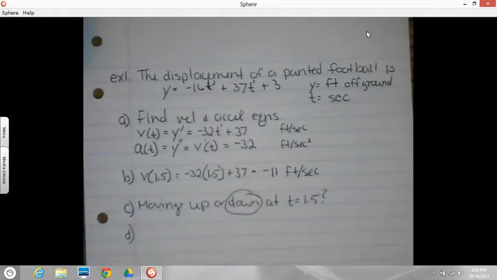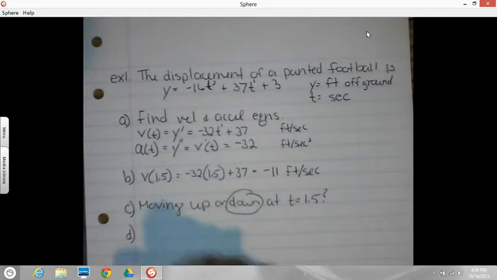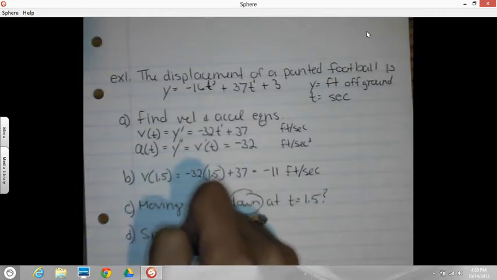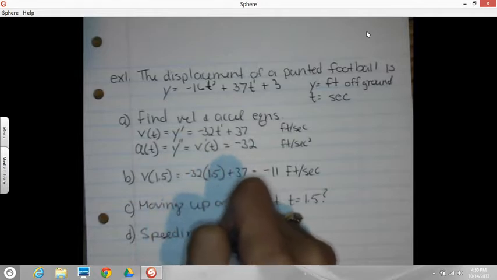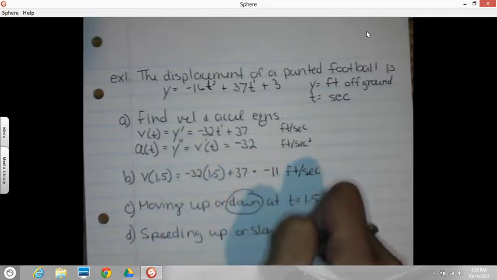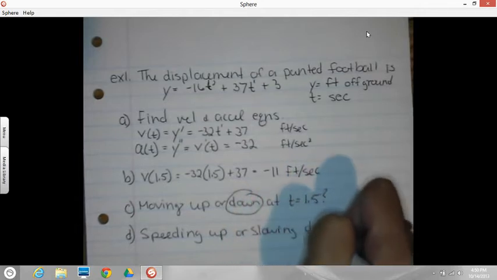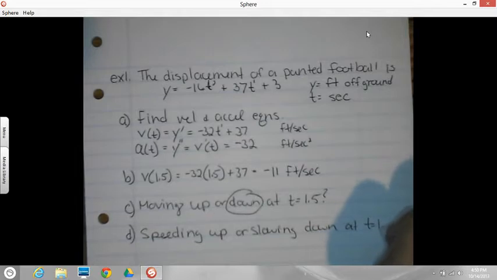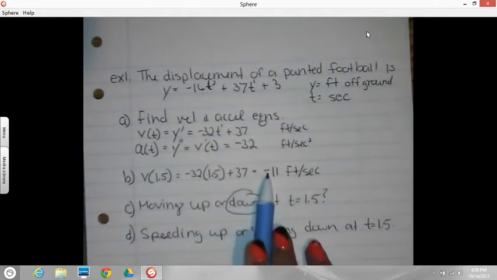Now, is the ball speeding up or slowing down at 1.5? Now remember, this negative here doesn't tell you it's slowing down, it tells you the direction, that it's coming down.